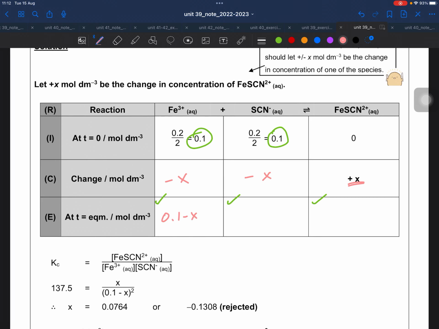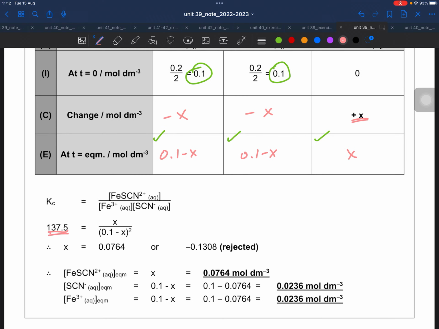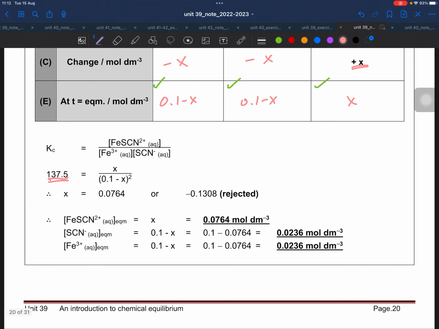And your result will be like this. Don't worry, you are going to solve the quadratic equation with the given value of Kc. Just like what you have done in your math lessons, you will find 2 values.